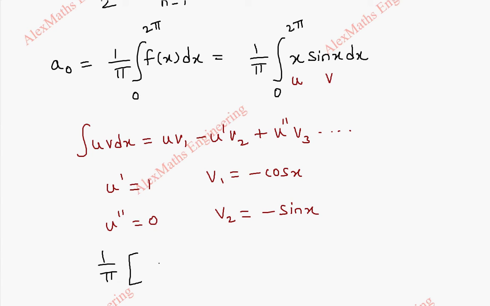Now u v1, u is x, v1 is minus cos x, minus u dash, which is 1, and v2, which is minus sin x. So I can make this plus sin x, and the next term is 0, and we have limit 0 to 2 pi.